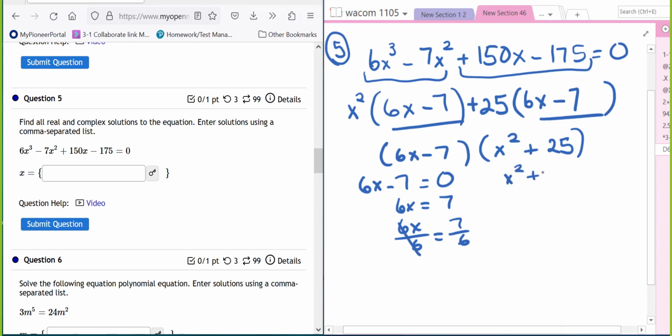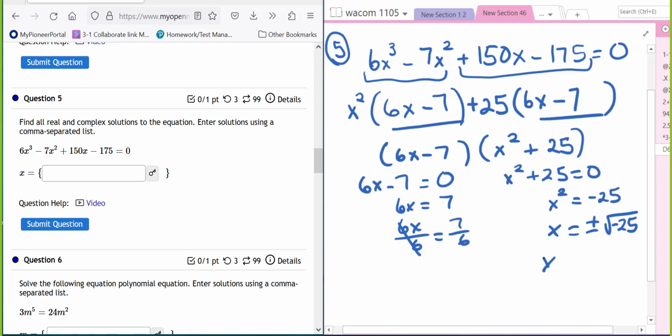This one, because it doesn't have a plain x term, square root method is nice. So we'll move the 25 to the other side. Take the square root of both sides. And this one, because it's negative under the radical, is going to give you an i.